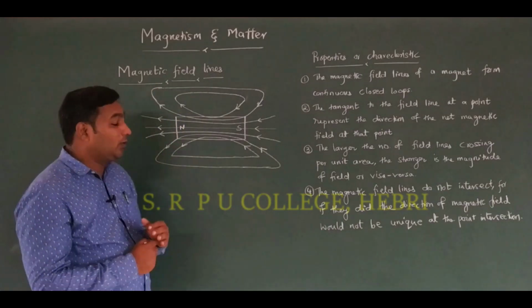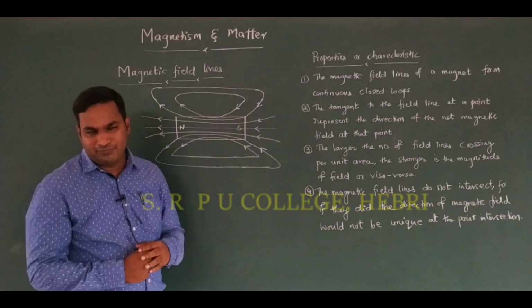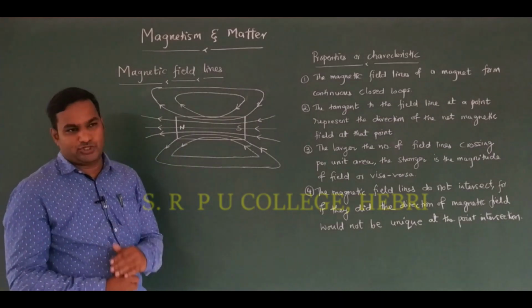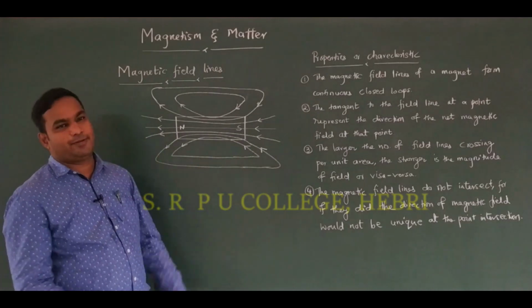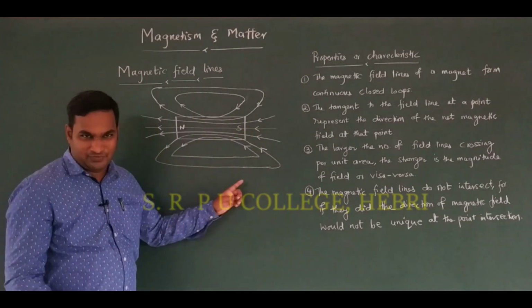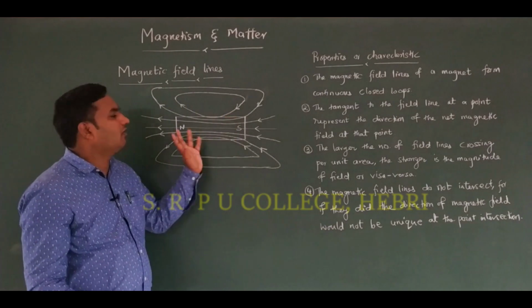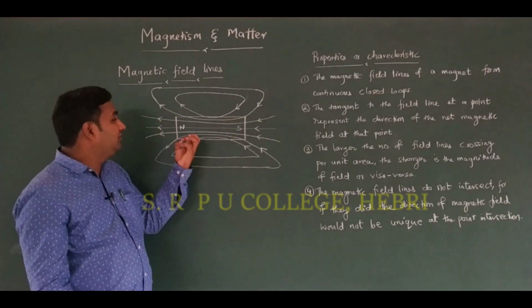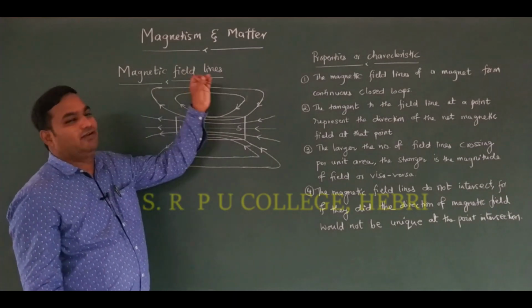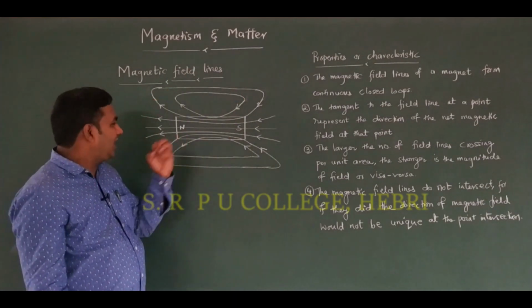Dear student, commonly in our annual exam, they ask one question to draw the magnetic field lines, or the diagrammatic representation, for a bar magnet. This one is a diagrammatic representation of a bar magnet with the magnetic field lines. You see the diagram clearly.